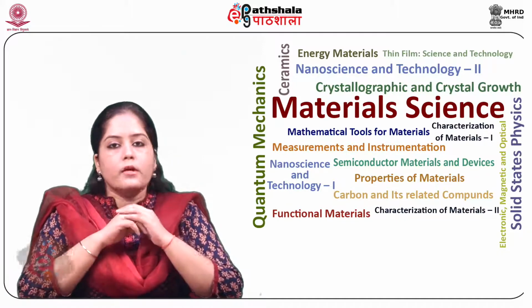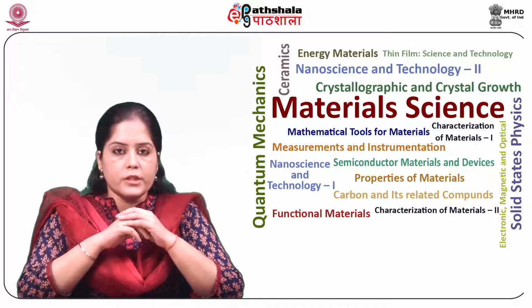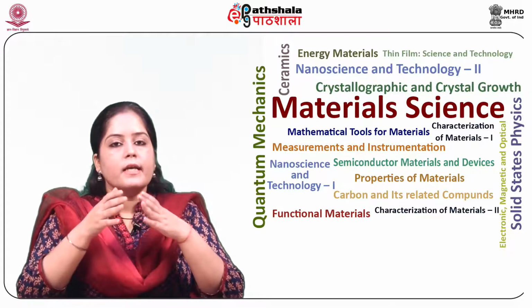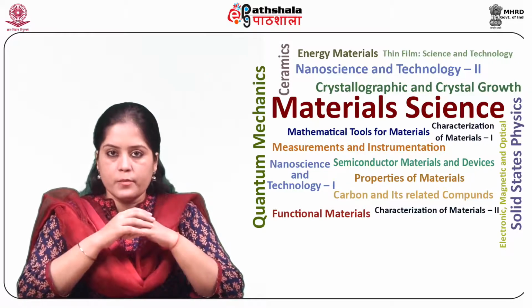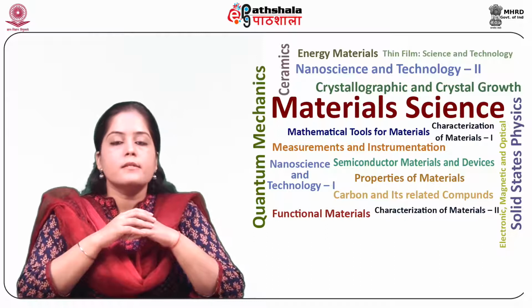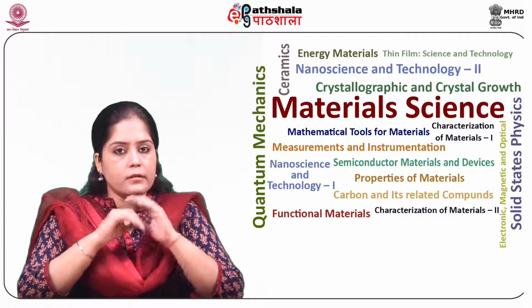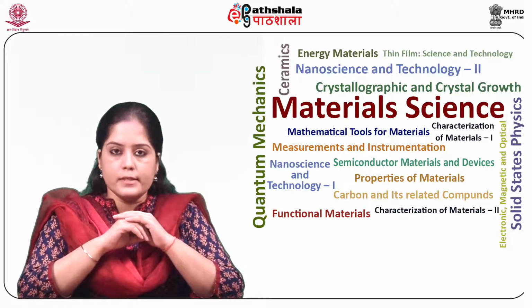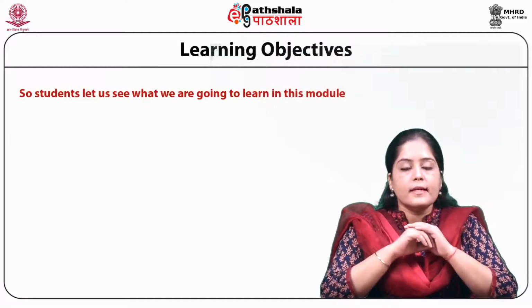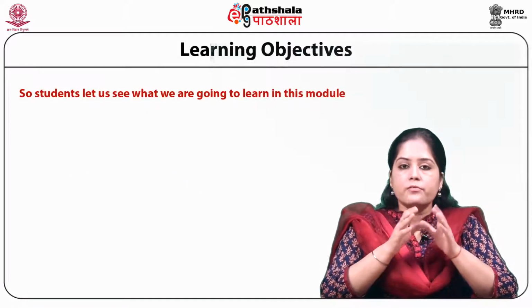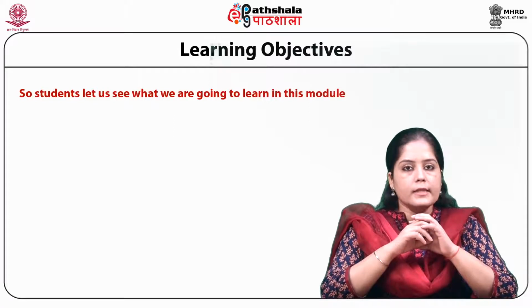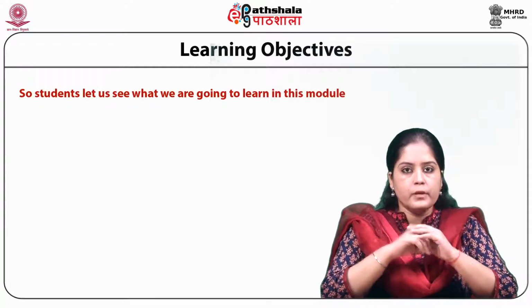So today we are going to talk on the module Transferred Electron Devices from the paper Semiconductor Materials and Devices. So students, let us see what we are going to learn in this module.